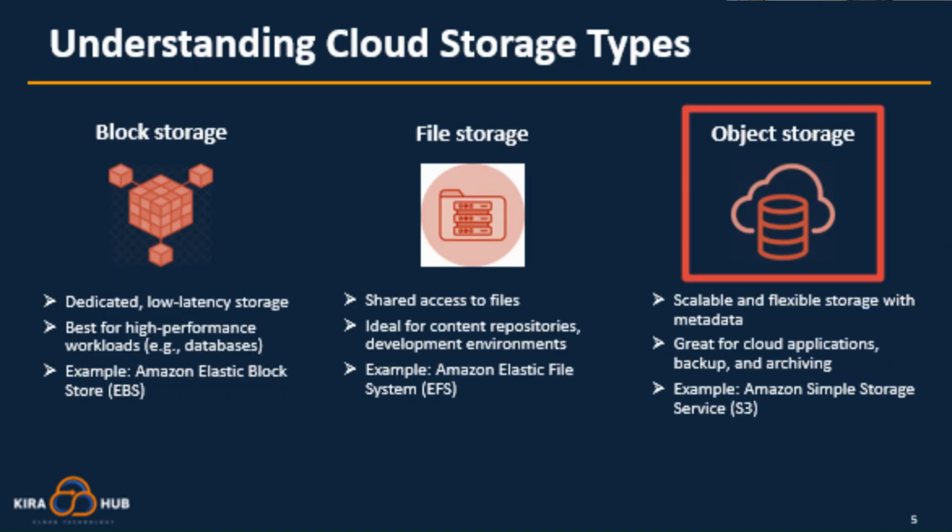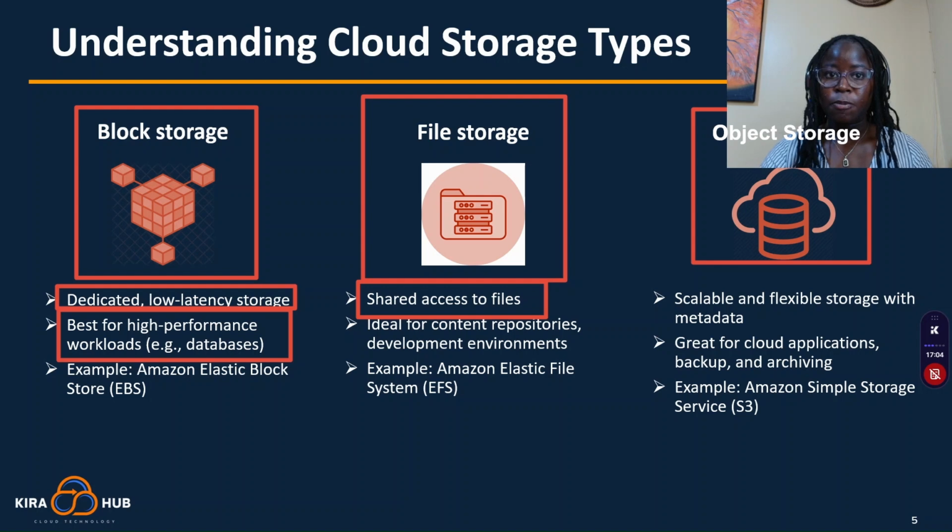The other storage type we have is object storage. And with object storage, this is now just a digital archive. Any piece of data is stored as an object. That is why it's called object storage. And each object has its own unique identifier, and it also has its own unique metadata in this case.